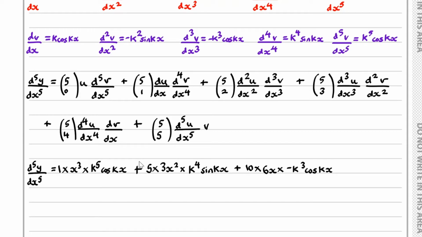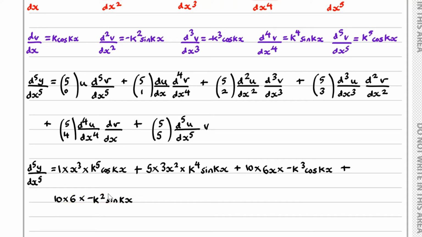Next we have, if I write this on a new line, 5 choose 3, which is 10. So we add on 10 times the third derivative of u, which is 6, multiplied by the second derivative of v, which is minus k squared sine kx.